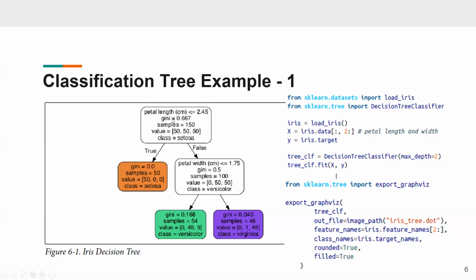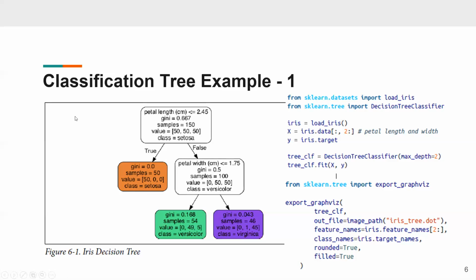Here, when petal length is less than or equal to 2.45, that's true, and we get the left leaf node. On the right-hand side, if petal length is larger than 2.45, when that is false, you come to the right-hand side.